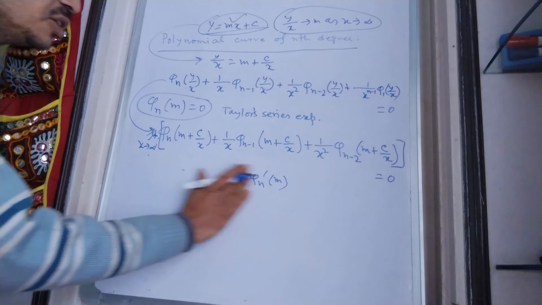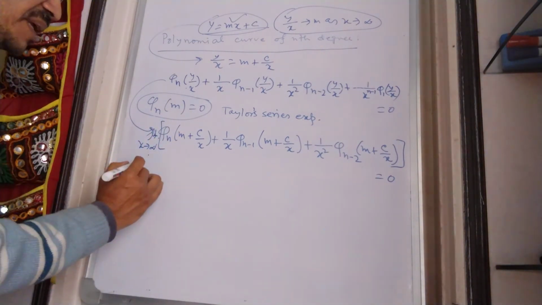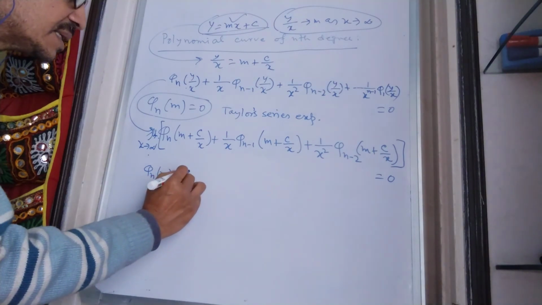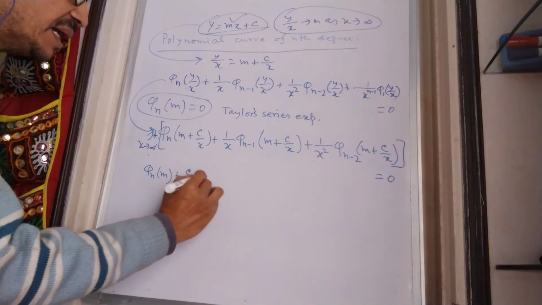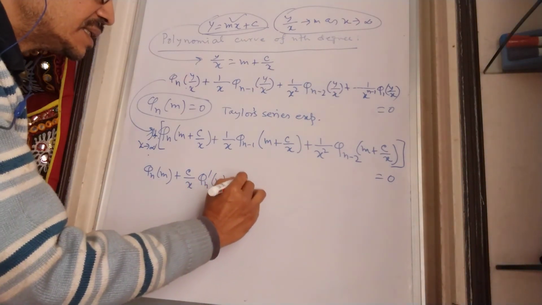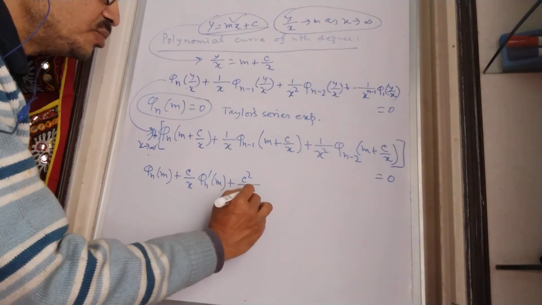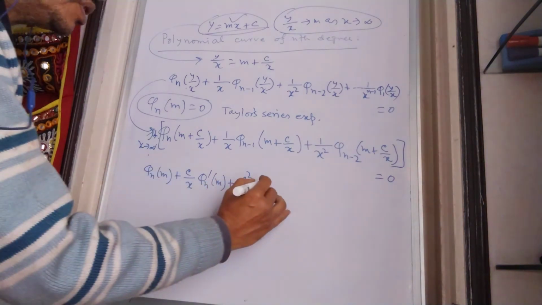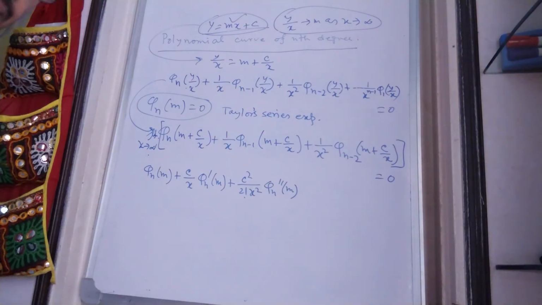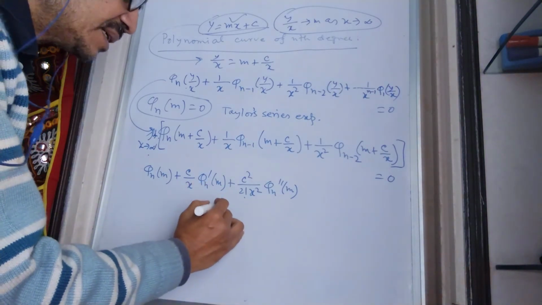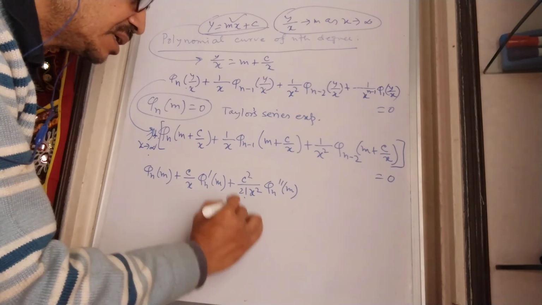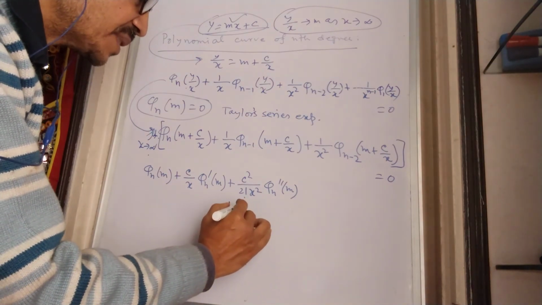Now look back to the expansion here. What we have done is that phi n m plus Taylor series expansion, c by x phi n prime m plus c square by factorial 2 x square, factorial 2 means actually 2, phi n double prime m, isn't it so? Plus it turns out to be 1 by x.